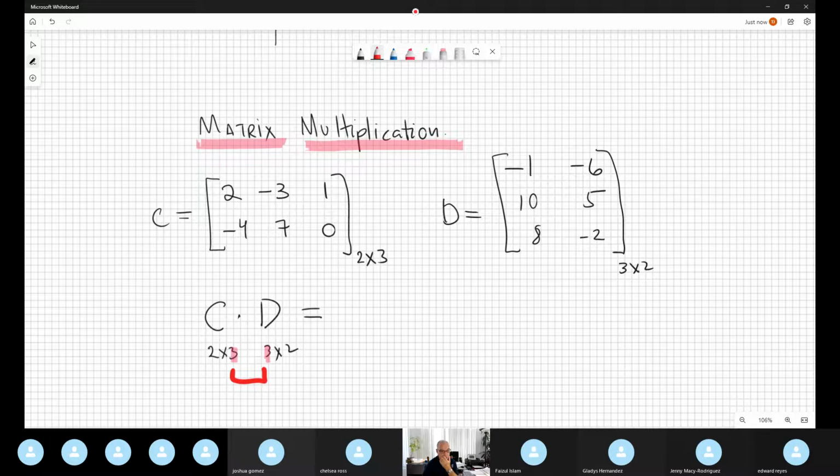See, this does not occur, so it's impossible to do the multiplication. That is, the number of columns in the first must be the same as the number of rows in the second. This is matching the dimension. So you obtain a new matrix. I want to call it E. And the dimension of this new matrix is the numbers that stay outside, 2 by 2.